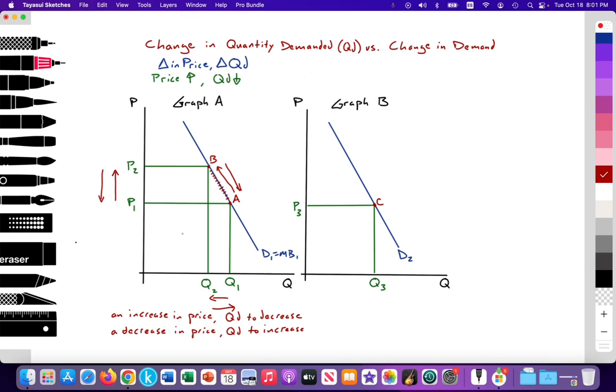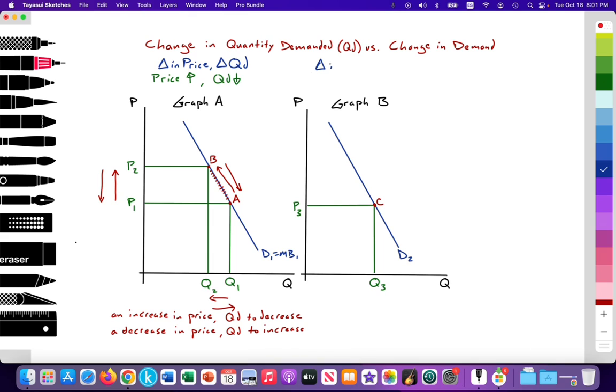Okay? That is not to be confused with an increase or decrease in demand. If I were to say there's an increase in demand, it means the entire demand curve is shifting outward. Or if I were to say there's a decrease in demand, that means the entire demand curve is shifting inward. Price is held constant. There's no change in price. So in order for that to happen, there has to be a change in a non-price determinant, which I can cover in another video.